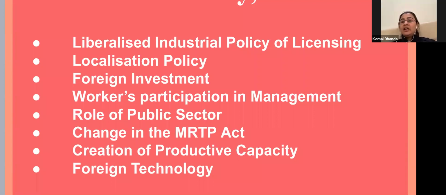But in 1991 it was decided that no prior permission from government would be required for importing foreign technology up to a limit of 1 crore rupees. If you are importing a foreign technology which involves an investment of only 1 crore, then no permission is required.